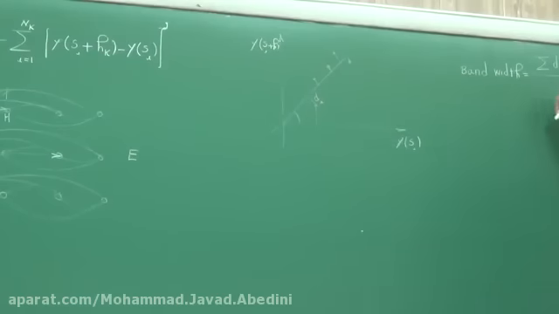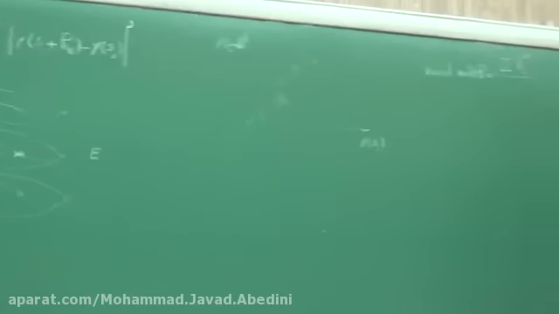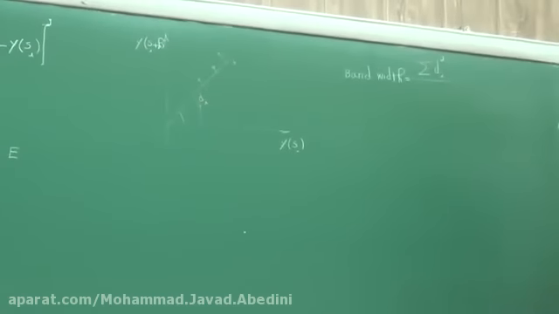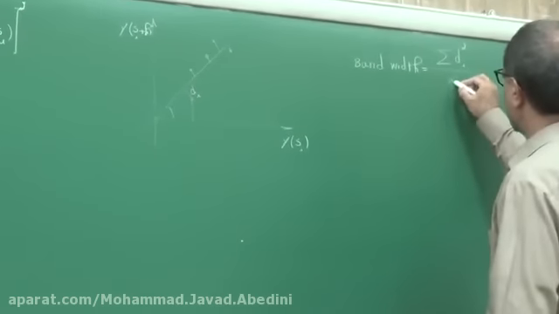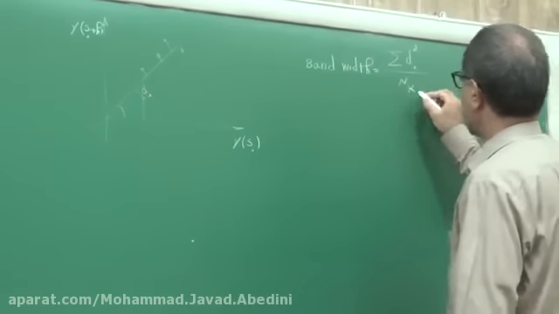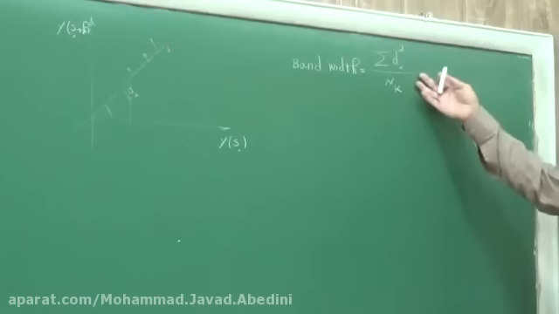Trying to square each distance, the perpendicular distance, and then divide by the total number. I will show that this relationship is this.